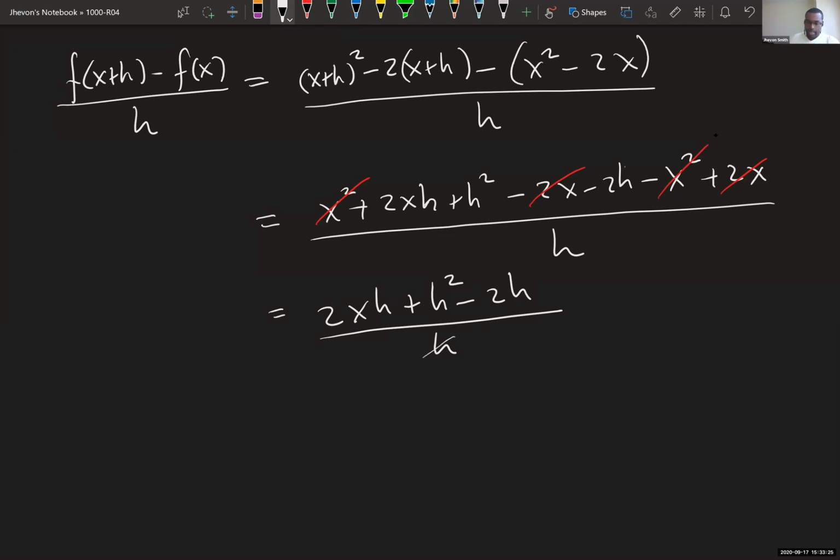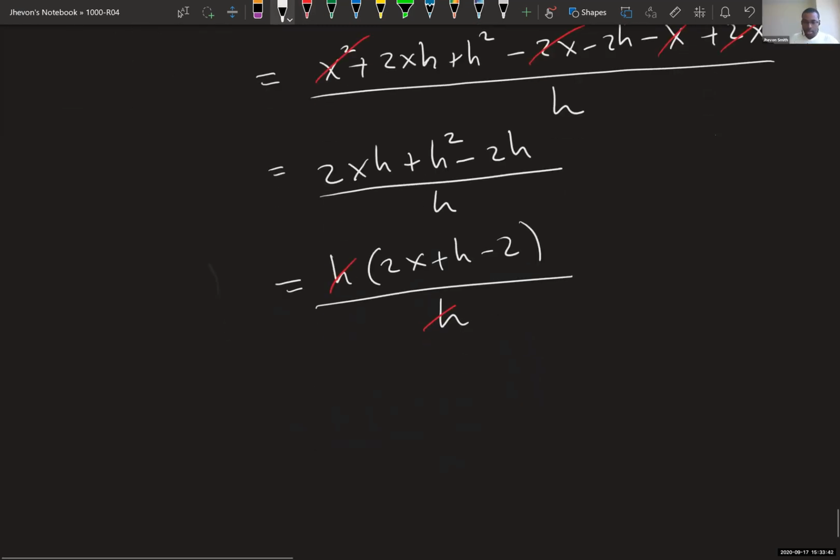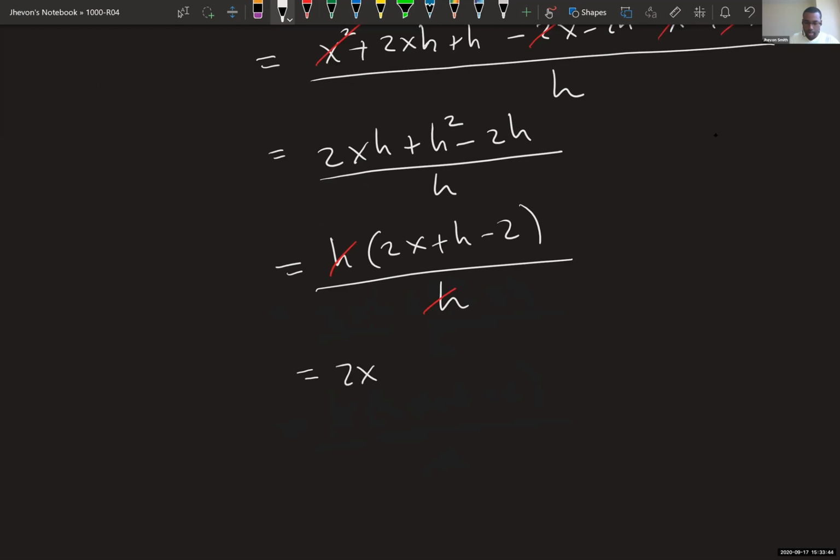So at this point, I can cancel the h's? No, you factor. You factor out the common h. And at this point, I can cancel the h's. So now this becomes 2x plus h minus 2 is the answer.